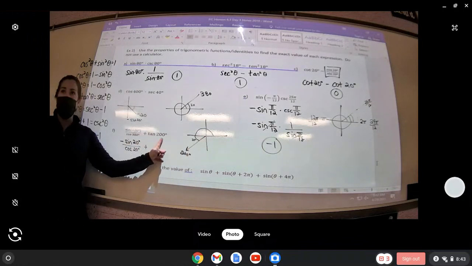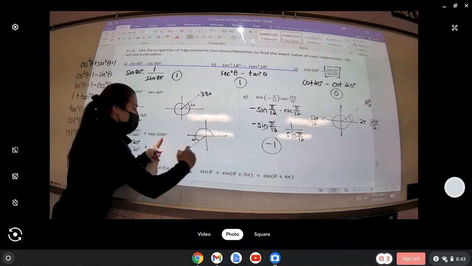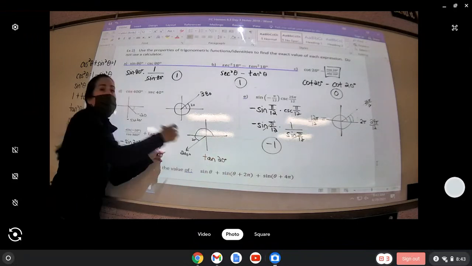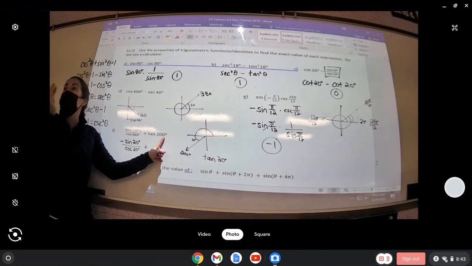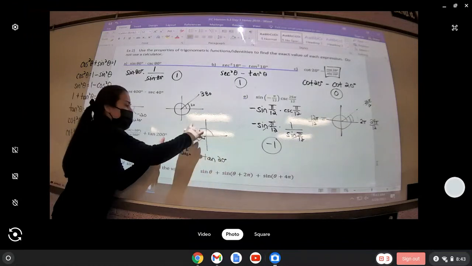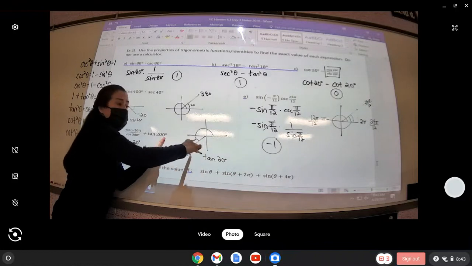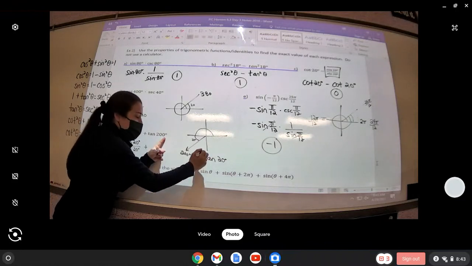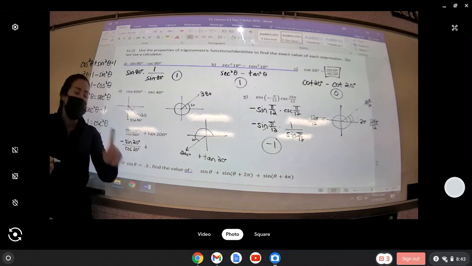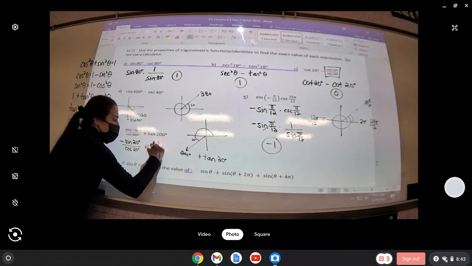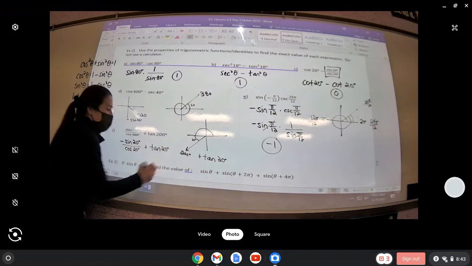So the tangent of 200 is the same as taking the tangent of 20 degrees, but you're in quadrant 3. So would that ratio be positive or negative? All Students Take. The tangent of any angle in quadrant 3 is a positive ratio. So it's the positive ratio of tangent 20 degrees. So it would just be plus tangent 20 degrees.